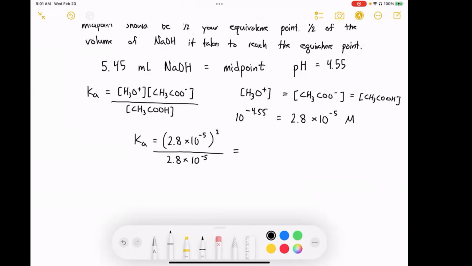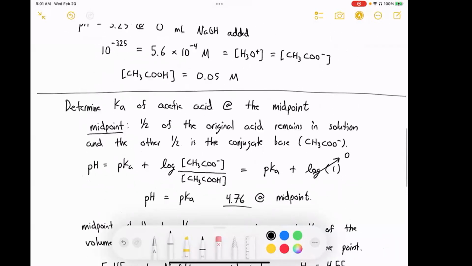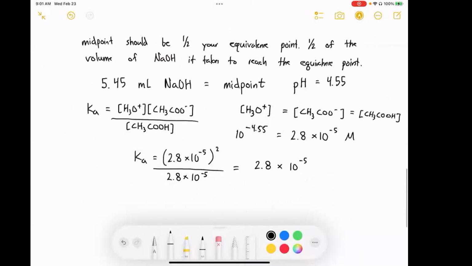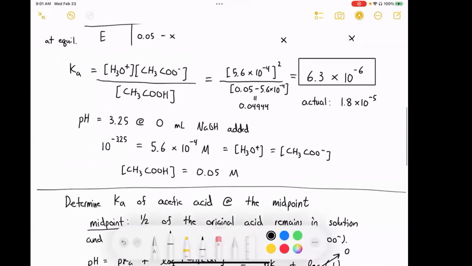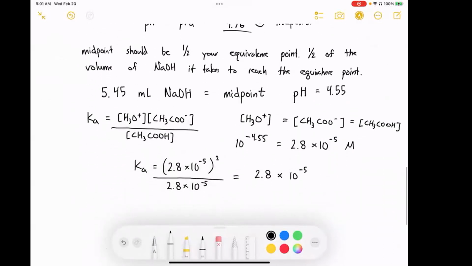So we get a value of 2.8 times 10 to the negative 5th. Okay, so that's our Ka. Now, if we compare that to the one at the equivalence point, that's pretty close, it's in the same range, so it's still pretty much the same here.